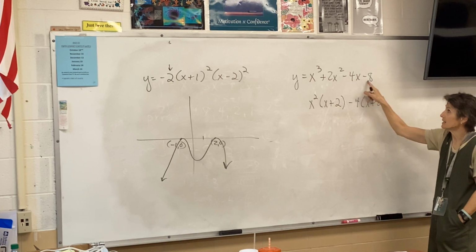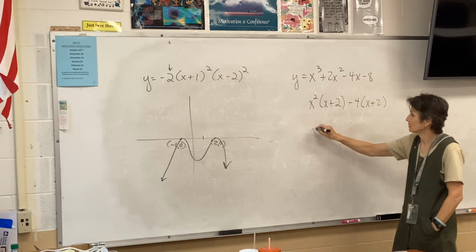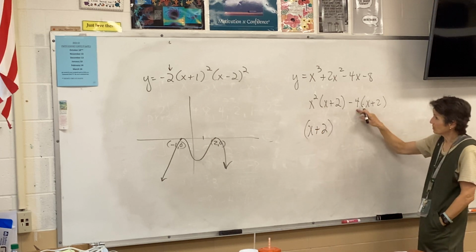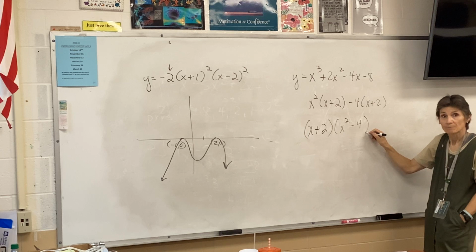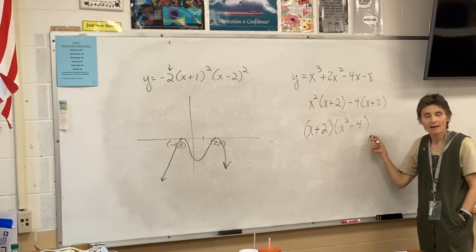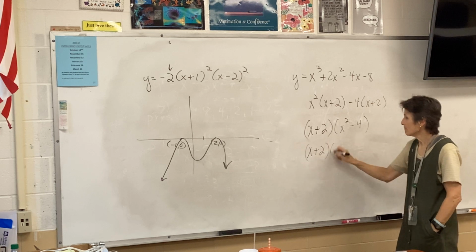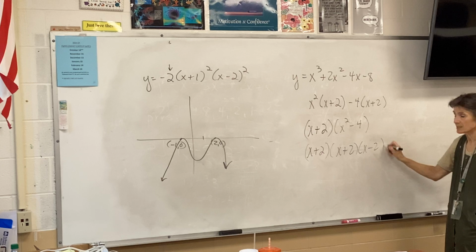Remember, I'm taking out the negative. So I have my common factor, which is x plus 2. And then I also have x squared minus 4. But this happens to us every time. We know that's the difference of squares. So that's going to factor as x plus 2, x minus 2.